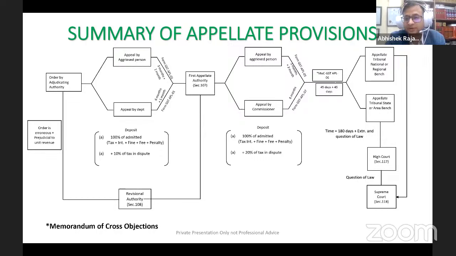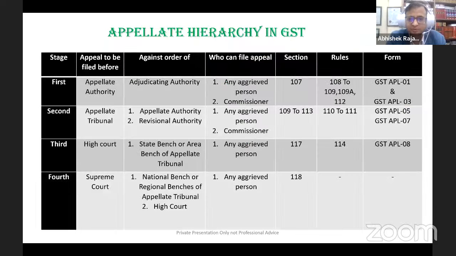You have to file the appeal within 3 months of service of the order to you, plus you have 1 month condonation power. We'll discuss it. What the department has to do, we are not going to discuss. The department can also file an appeal in 6 months. So we will go with what is to be done in a normal practitioner appeal, not what the department is trying to do.